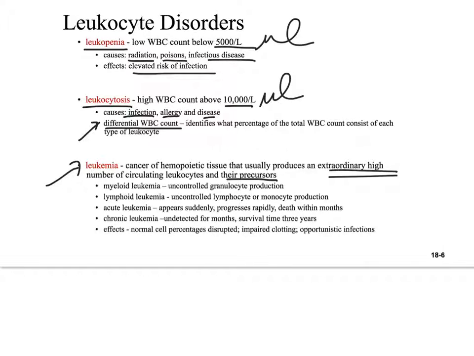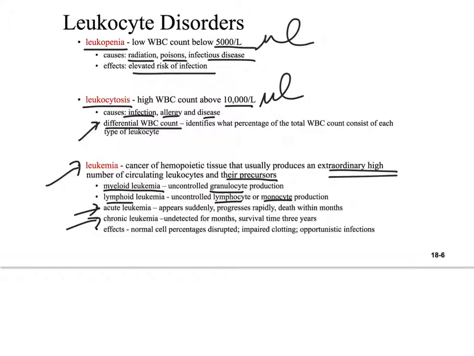I have just examples on here. Myeloid leukemia is uncontrolled granulocytes. Lymphoid is uncontrolled lymphocytes or monocytes. There's also acute and chronic. Acute means it happens fast. The disease progresses fast and you can die really fast.